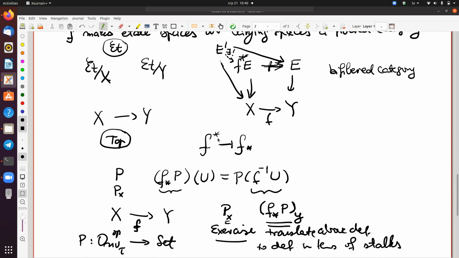Every construction, both of these, can be said in both languages of pre-sheaves and étale spaces, but one of them is easier, more direct in this way, another is more direct in that way. But for F upper star, it is quite instructive to say what F upper star is in terms of pre-sheaves.